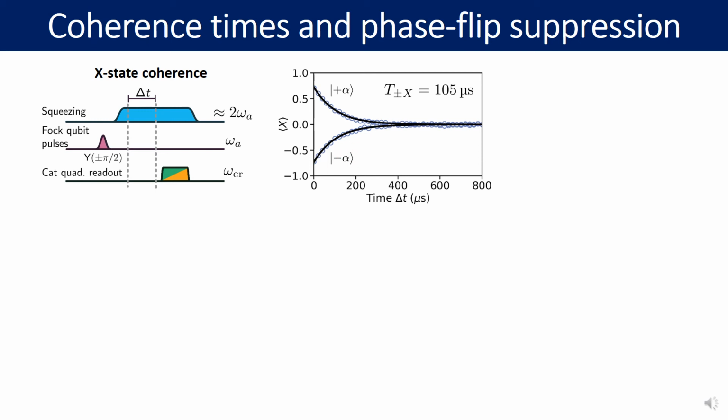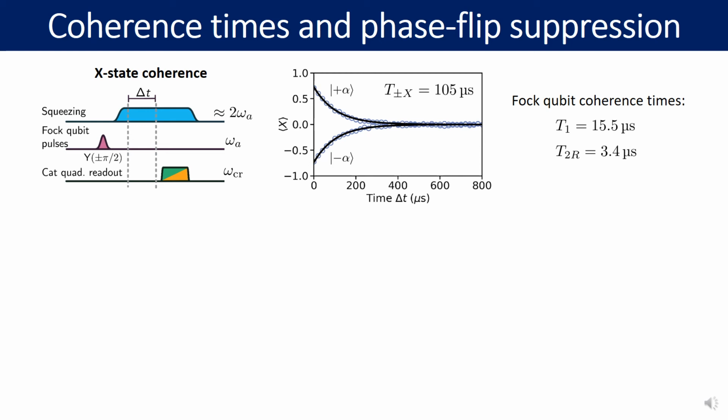Blue open circles are data points, and black solid lines are single exponential fits with a decay constant of 105 microseconds. And that's, of course, great news, because that means that our Kerr-Cat qubit is much longer lived than either of the two coherence times of the Fock qubit, which were 15.5 microseconds and 3.4 microseconds.